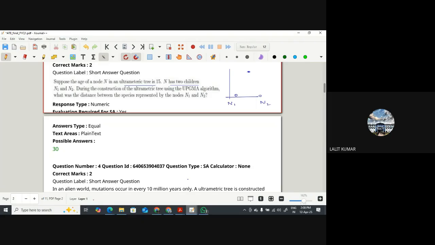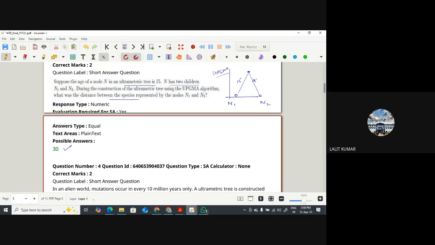During the construction of an ultrametric tree using the UPGMA algorithm, what is the distance between the species represented by the nodes N1 and N2? Your distance to each will become 15, and the total distance between them will become 30. Is that okay with everyone?